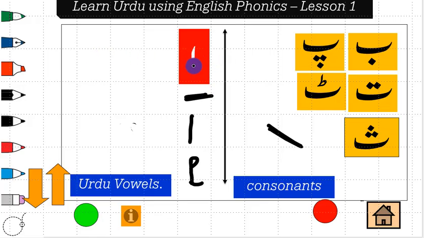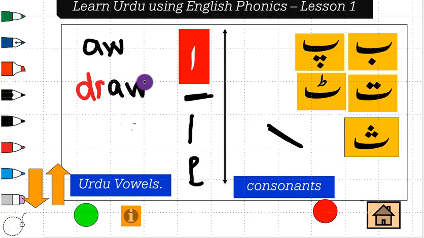So this is the phonetic code. The phonetic for this sound is a. Okay, this is the phonetic code a. Why do we say it as a? More like dar. A. Okay, it's more like this one. A. More like f, a, the, r.